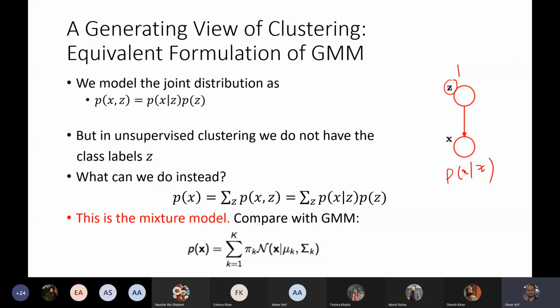Now the objective in this current clustering is to find the probability of x, right? कि आपके जो data points हैं उसकी probability क्या है. तो we can actually, let me go to that lecture actually, the naive Bayes lecture.